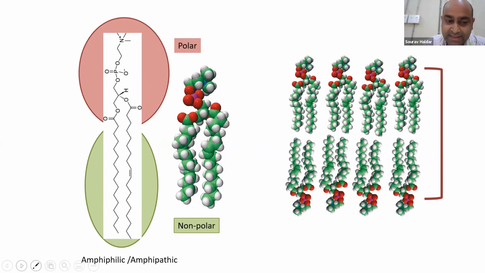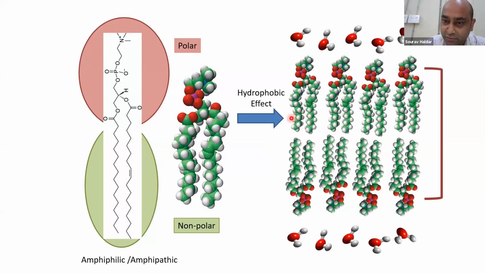Like the micelles, here the parts that are hydrophilic or polar are exposed to the aqueous environment, whereas the hydrophobic hydrocarbon chains are hidden away from it. Because of the shape of this molecule, which is roughly cylindrical, they cannot be packed into spherical micelles, but they can be very efficiently packed in a bilayer.